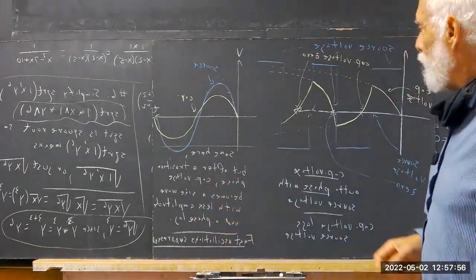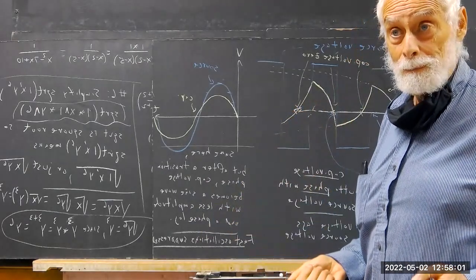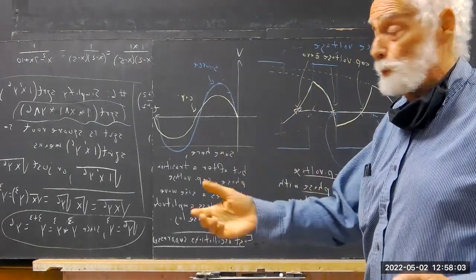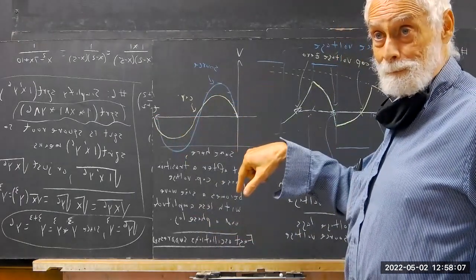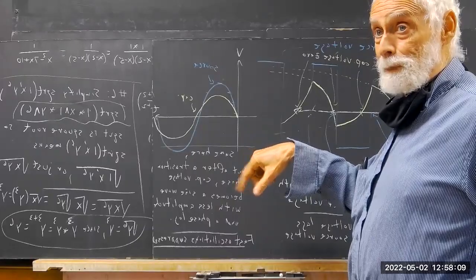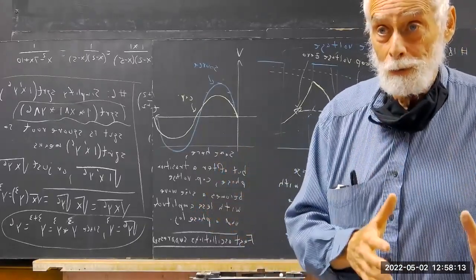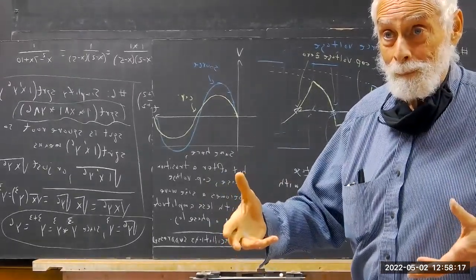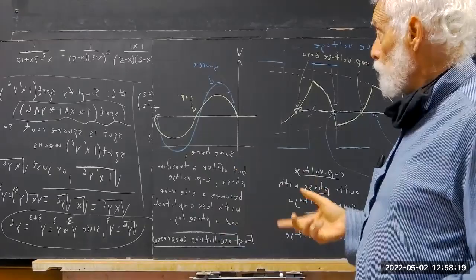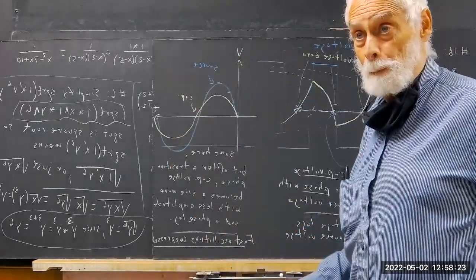Now, if you have just a resistor in a circuit, the current through the circuit will exactly follow the voltage. There'll be no phase lag. And of course, the voltage across the resistor is just the current times the resistance, right? And the voltage across the resistor is always just the voltage of the source.